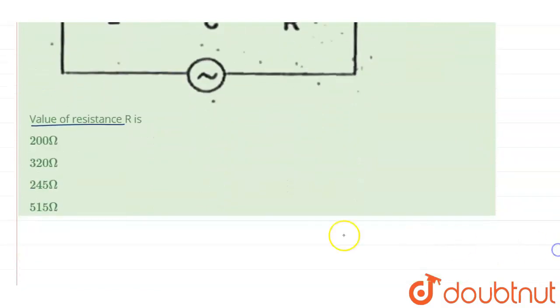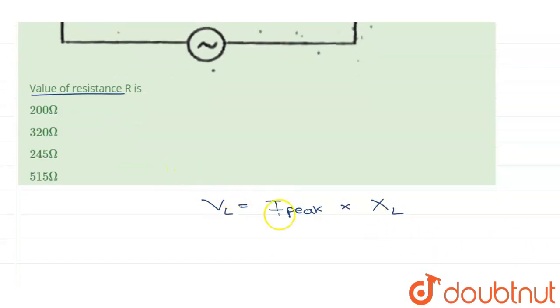So the peak potential difference across the inductor is achieved when the current is also at its peak value. So for the inductor, the peak voltage is the peak current multiplied by XL, that is the inductive reactance of this inductor.